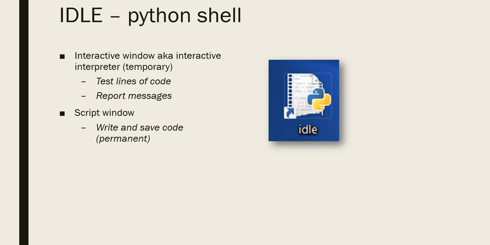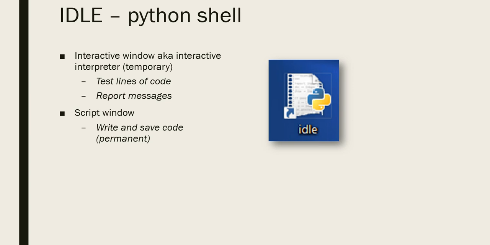Python is essentially equipped with some kind of a word processor. So you have a special type of shell where you can write your code. There are two different pieces to it. You have the interactive window, which is temporary.